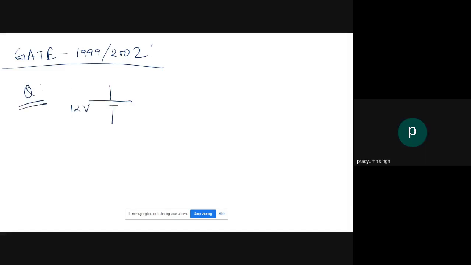Next question, which was also asked in GATE 99 or 2000. A similar question was also asked in 2002. The question here is: there is a 12-volt battery connected to a 2 ohm resistance, and then you have two different capacitances, 0.3 farad and 0.6 farad.